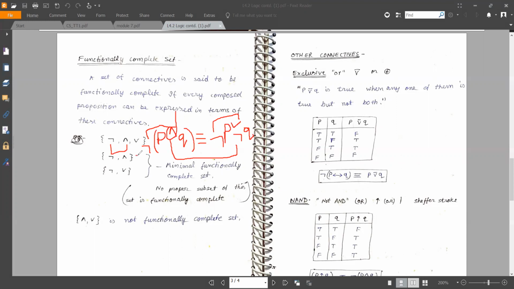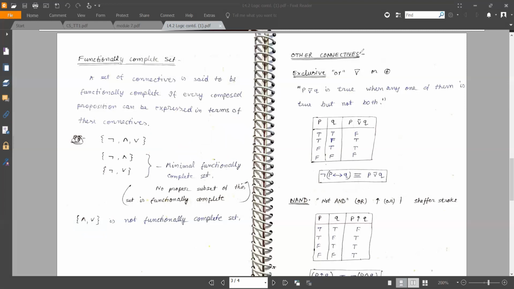So these are two minimal functionally complete sets. Without negation, can we form all kinds of expressions? No, it's not possible. We have to have negation with either conjunction or disjunction or both. That is one way to find a functionally complete set, meaning these are the connectives that can be used to express any kind of logical expression.